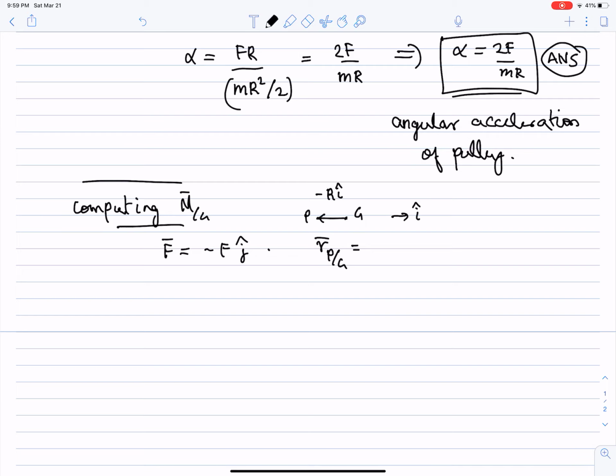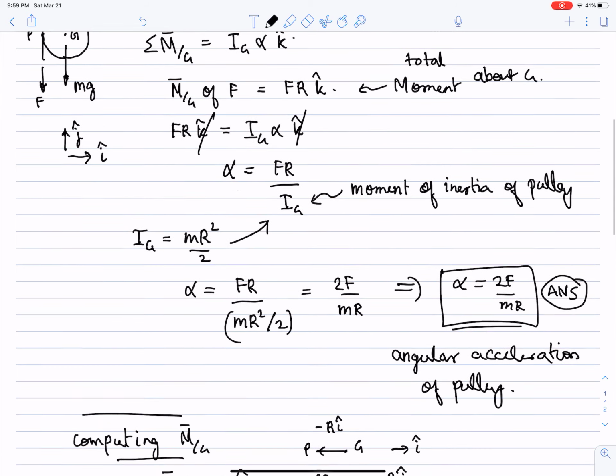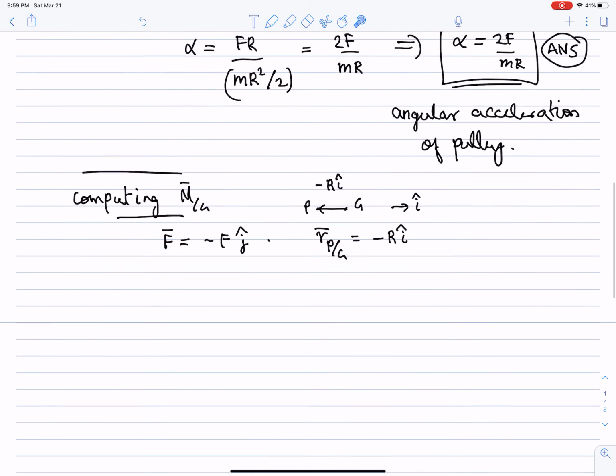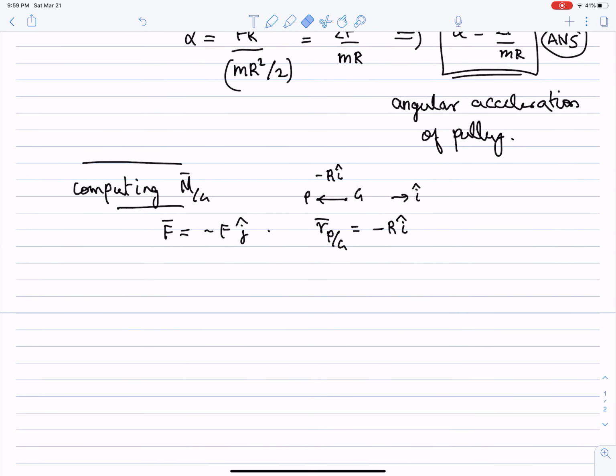So Rp with respect to G is minus Ri, because the vector from here to here has a negative sign, since it's going in the opposite direction to I. This is the vector from G to P.